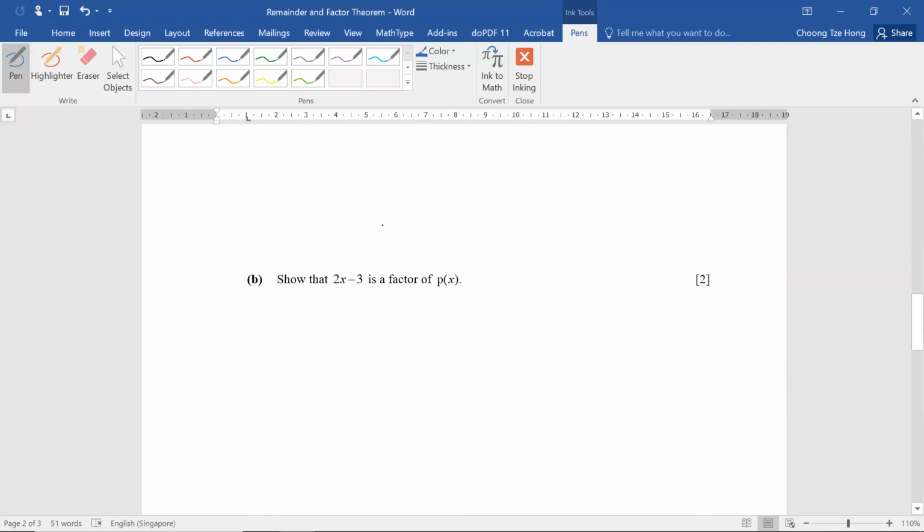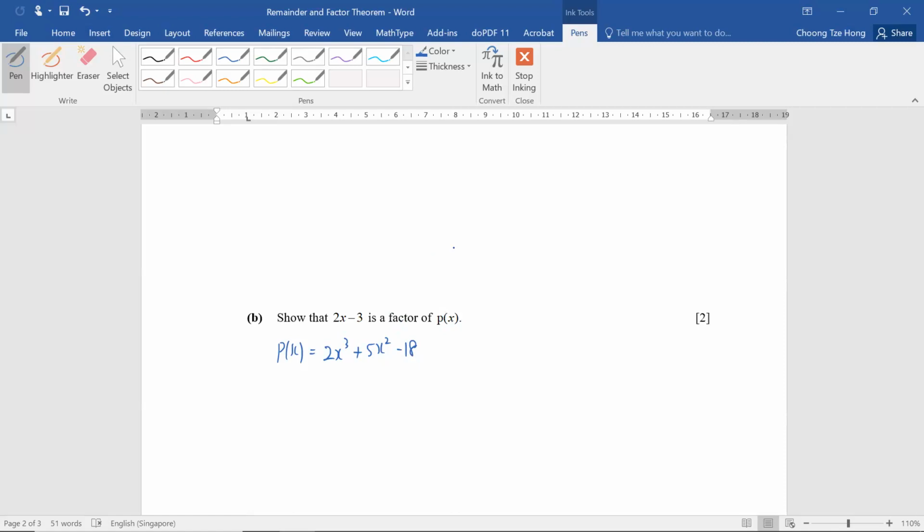Let's take a look at this next part. Show that 2x minus 3 is a factor of p(x). Remember, p(x) is 2x cubed plus 5x squared minus 18. If I want to show that 2x minus 3 is a factor, remember when you divide a polynomial by a factor, or divide a number by a factor, you are going to get remainder 0.